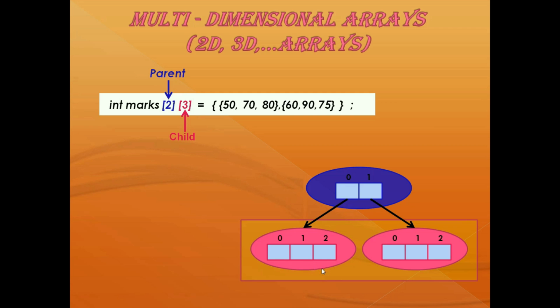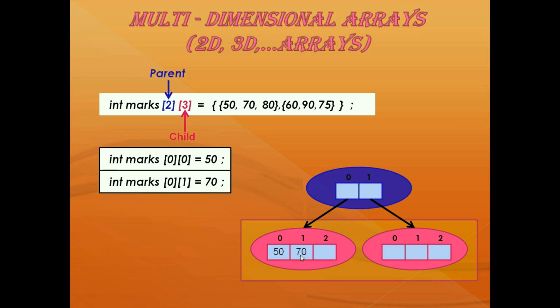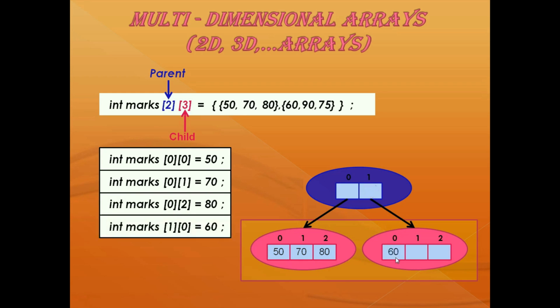That means you need to say that marks of 0 of 0 is 50 here. Marks of 0 of 1 is 70. Then marks of 0 of 2 is 80. Then marks of 1 of 0 is going to be 60.